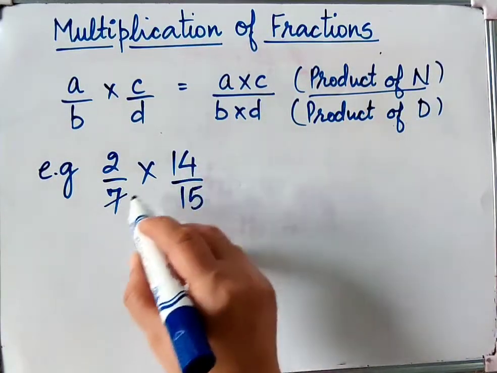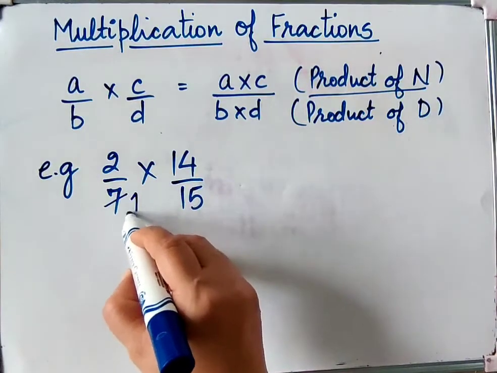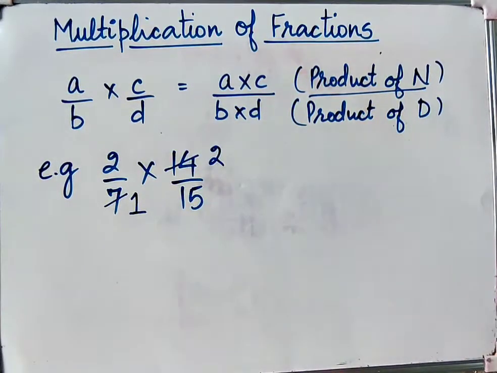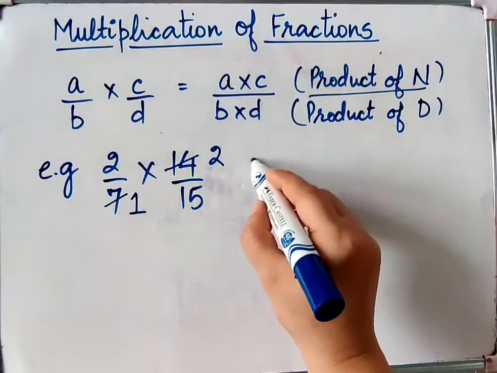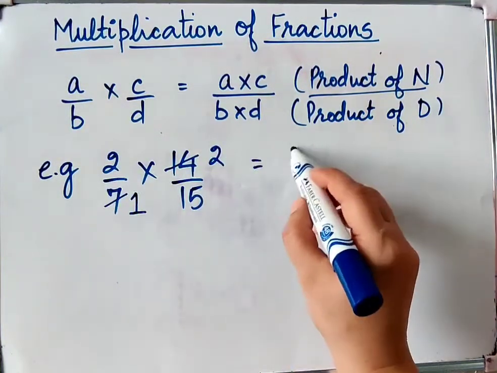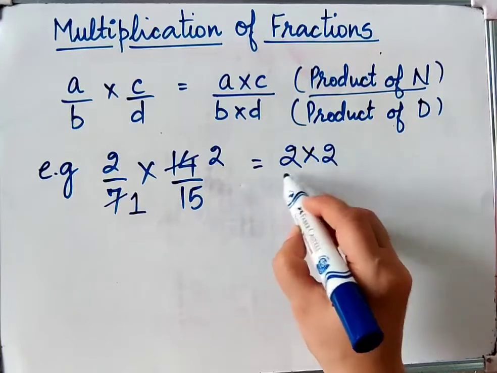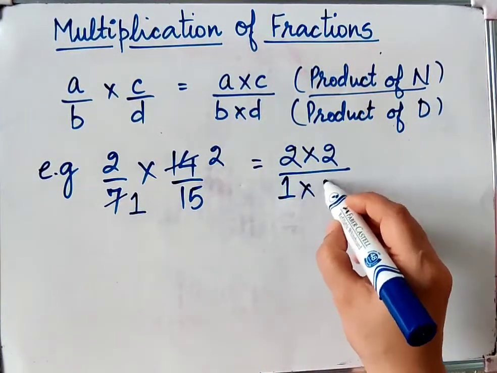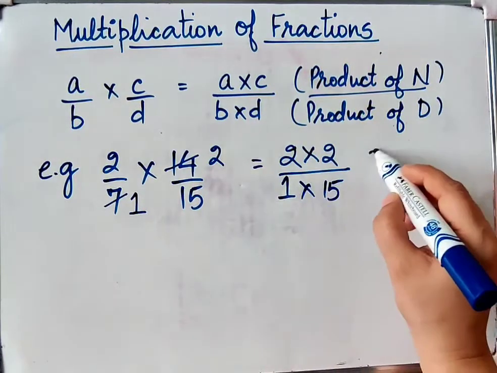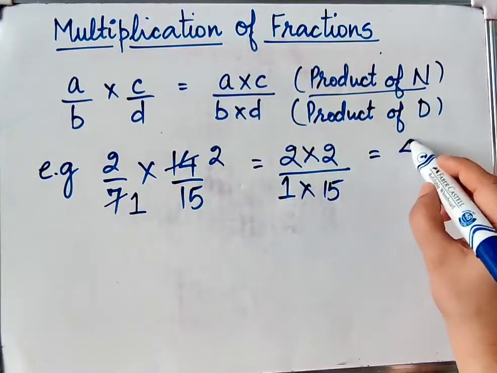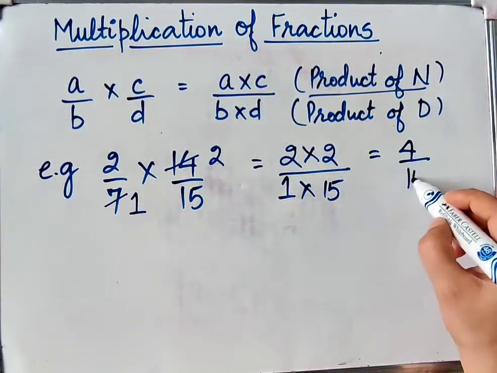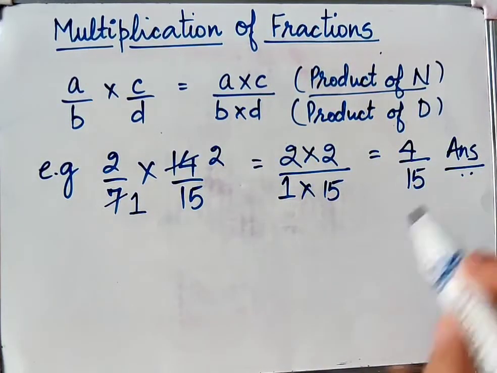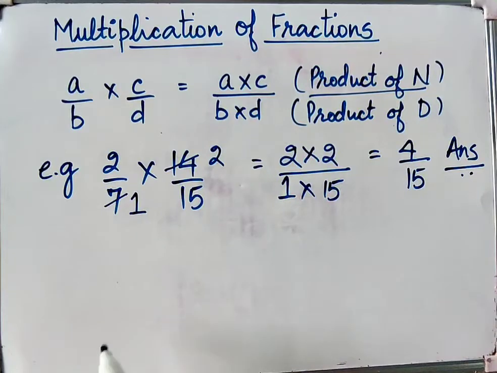Therefore, we are going to divide these two numbers by 7. 7 one times gives me 7 and 7 two times gives me 14. Therefore, we are left with 2 into 2 in the numerator and 1 into 15 in the denominator. 2 multiplied by 2 gives me 4 and 1 multiplied by 15 gives me 15, and that is the required answer. Let us take one more example.